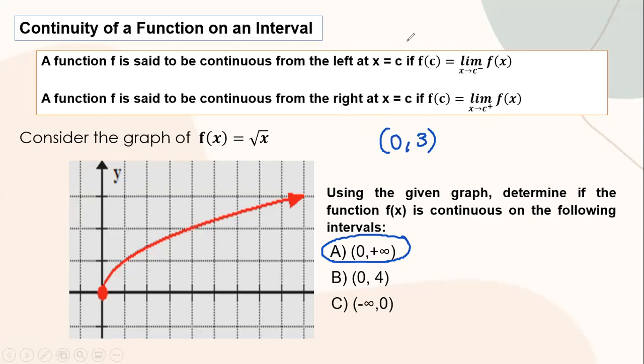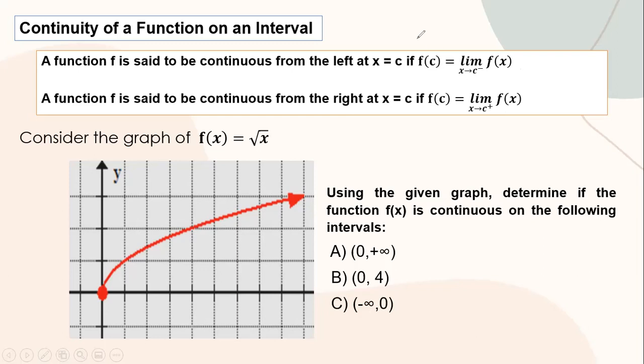Okay, so a function f is said to be continuous from the left at x is equal to c if f of c is equal to the limit of f of x as x approaches c from the left.